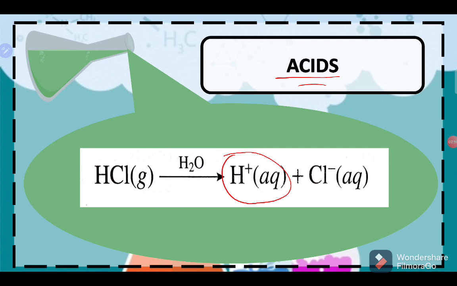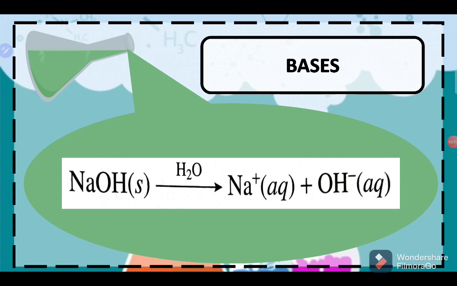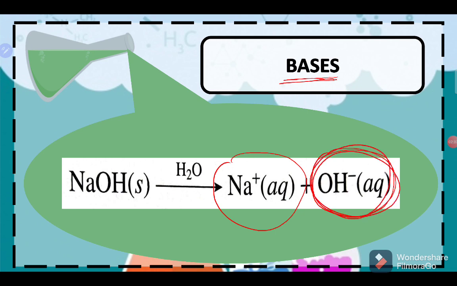Next, NaOH combines with water to produce its ions, which are a sodium ion and a hydroxide ion. So in this reaction, we can consider this as an example of a base because of the production of hydroxide ion.